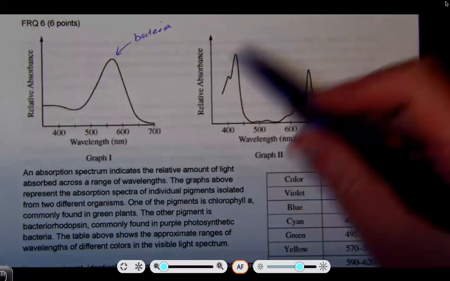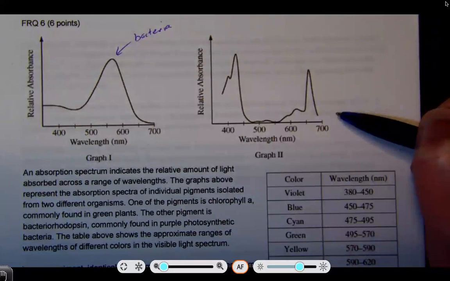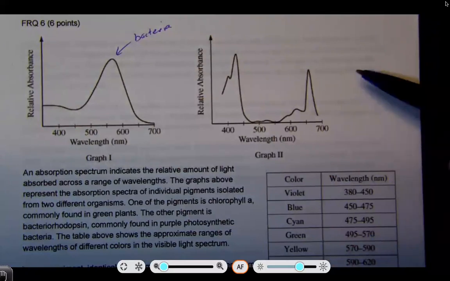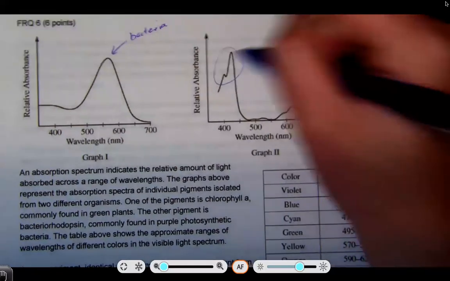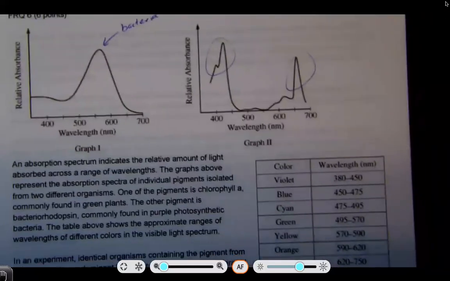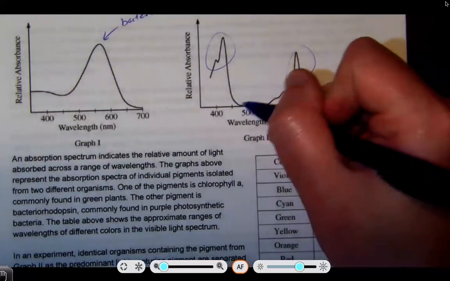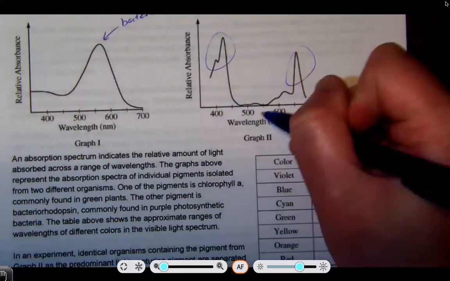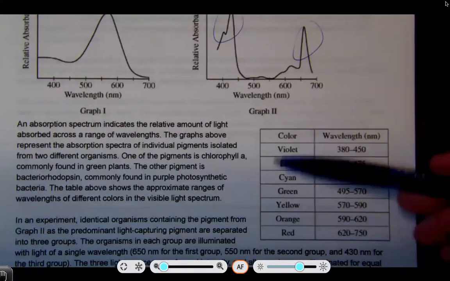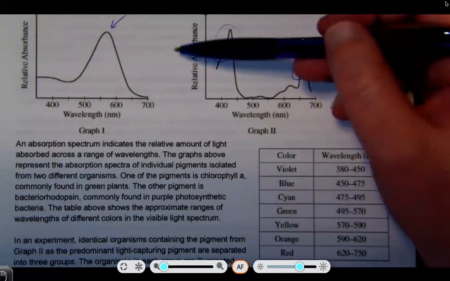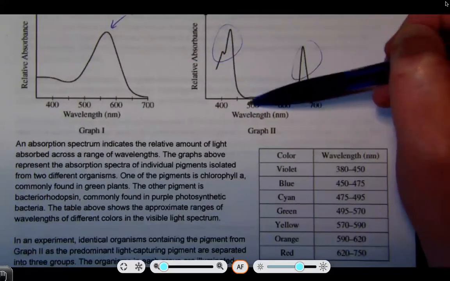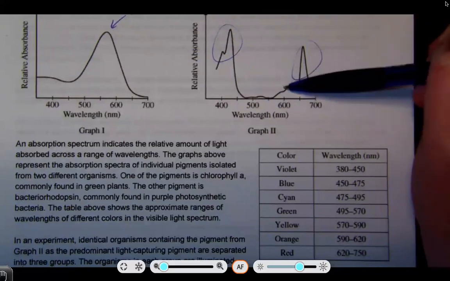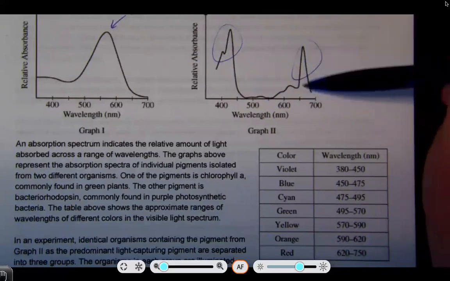And then this is a plant. This is chlorophyll A's wavelength absorption, okay? So if we look, we'll notice there's a peak here, a peak here, and then a major trough. There's like no absorption down here. And then we can look at our wavelength guide, and purple, blue, and then cyan and green are down here, and then yellow, and then orange, and then red are over here.